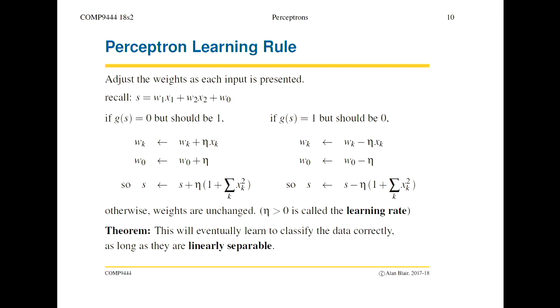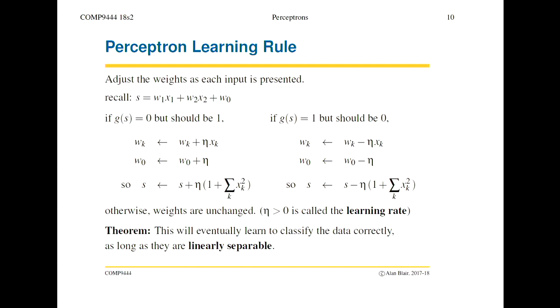And then for x1, I add eta times x1 to W1, right? So the problem is I can't just add 1 to all of these weights because some of these inputs might be negative, or some of them might be smaller than others. That pixel might be black anyway.